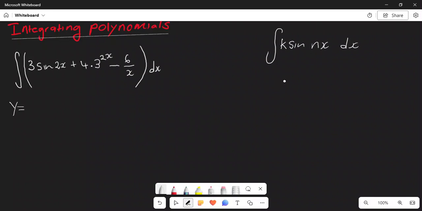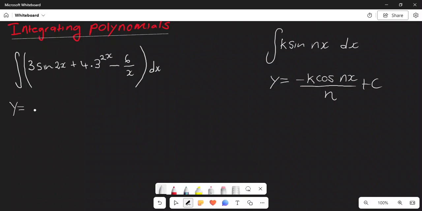When you integrate this, it's going to be negative, then you multiply by the coefficient, and then by the integral of sine, which is cos n. But don't forget, you must divide by the coefficient of x, plus c. This c means that it's an indefinite integral. So this is how we do it.